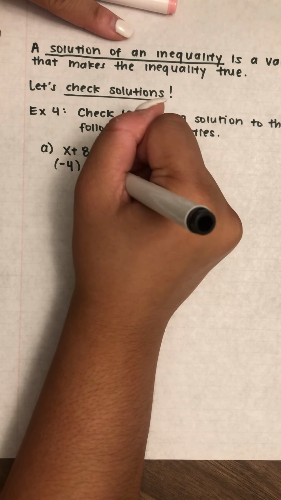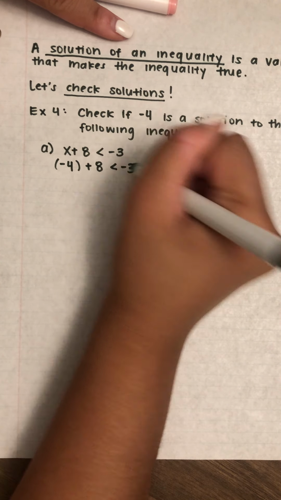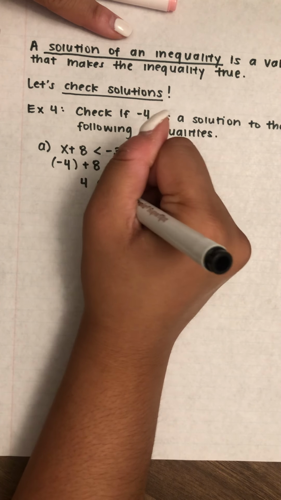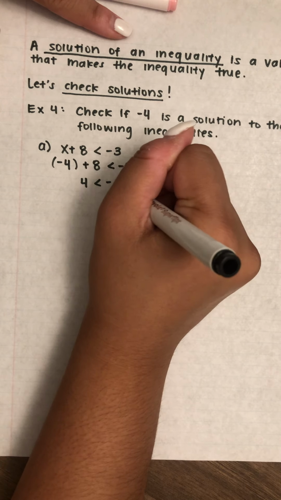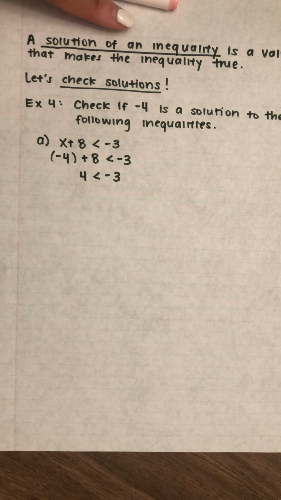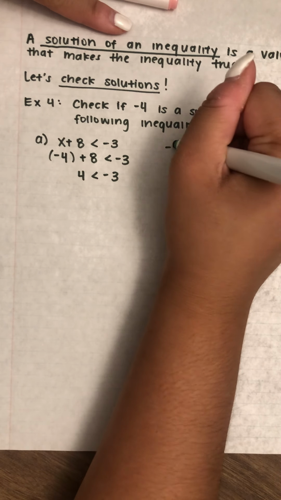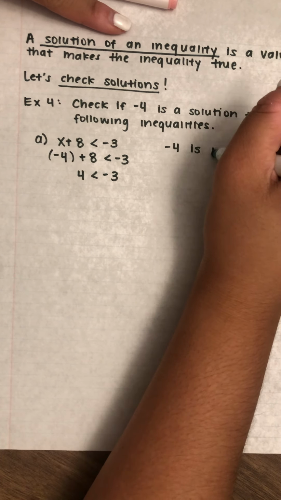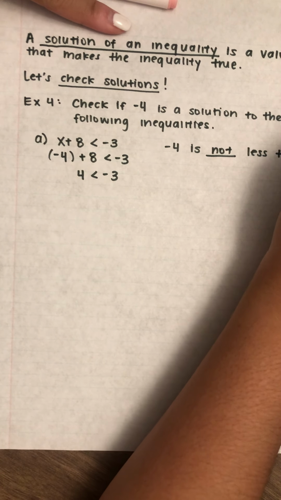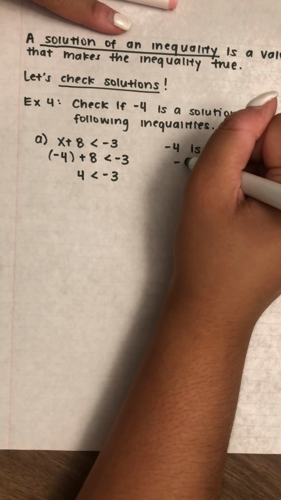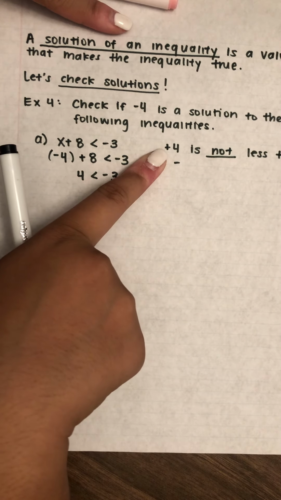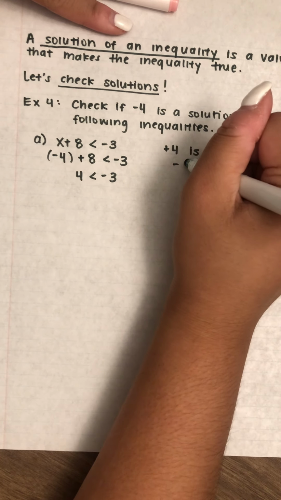Negative 4 plus 8 will give us positive 4, which is less than negative 3. Now we know that positive 4 is not less than negative 3. We just know that for a fact.